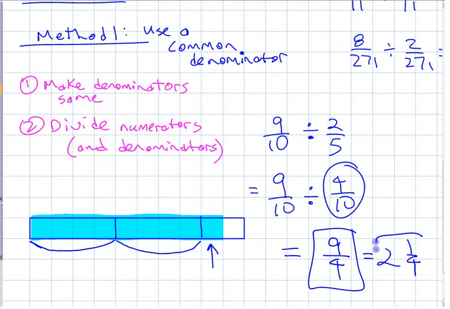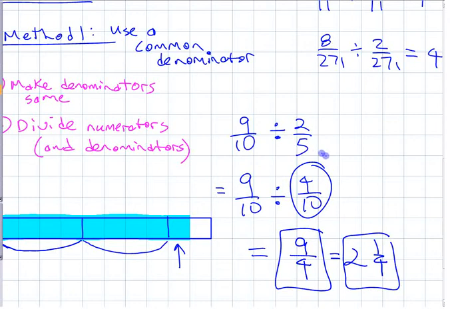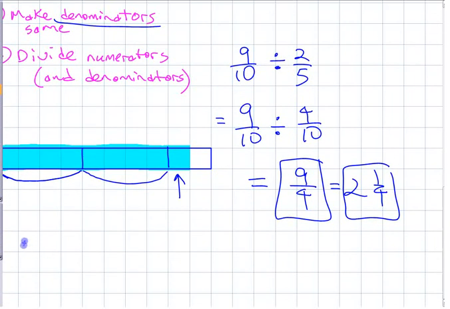The answer to that is 2 and 1/4, or 9/4. You can answer either way. The key is make a common denominator and then just divide the numbers. If you say 9 divided by 4, it gives you the answer. Okay? That's method 1. Here's method 2.